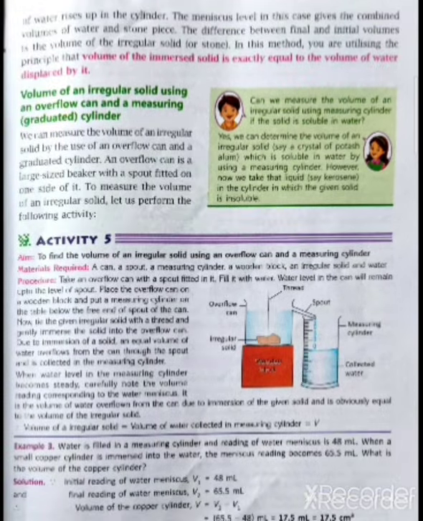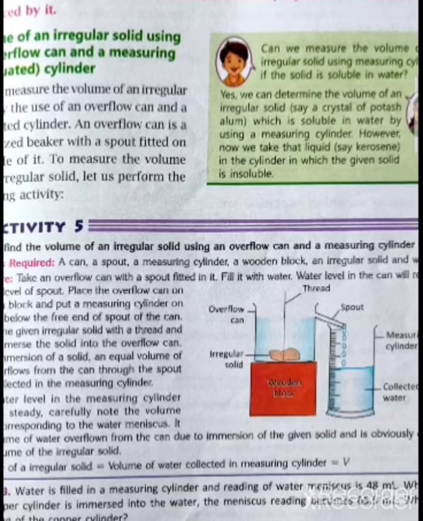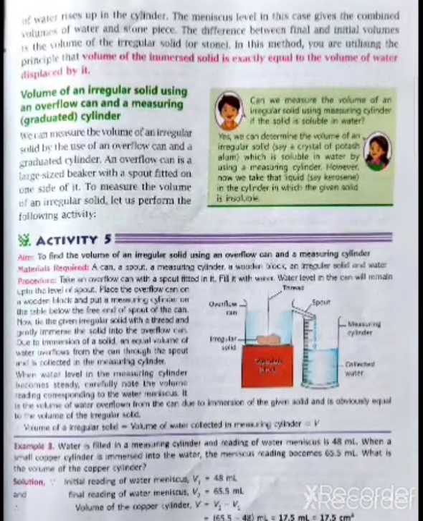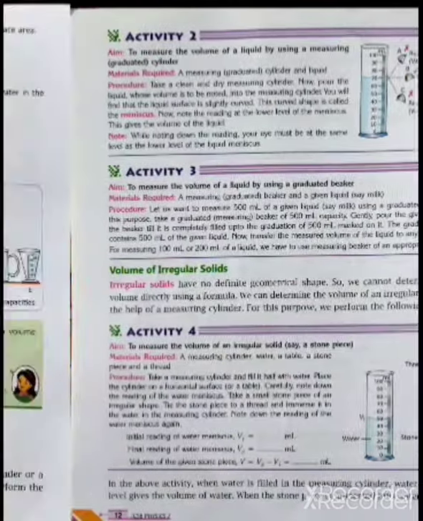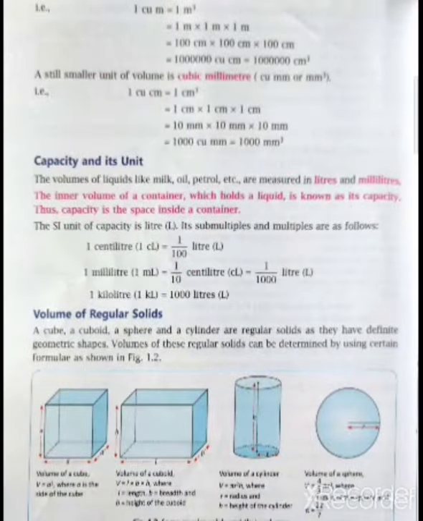So we can calculate the volume of this irregular solid by using the overflow method. So there are two activities which will help you to calculate the volume of an irregular shaped body, and the regular shaped body can be calculated by using the formula of cube, cuboid, cylinder and sphere.